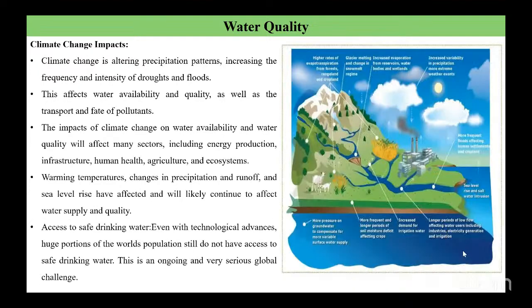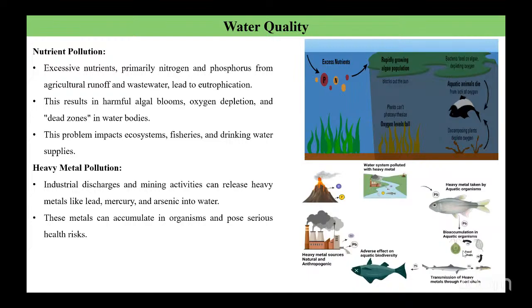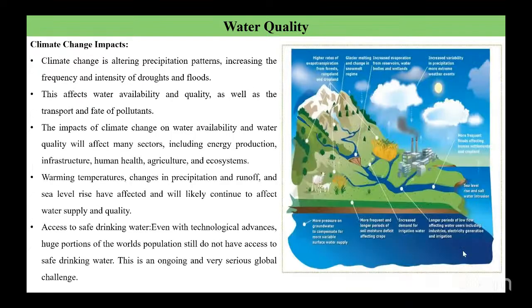So climate change. The water quality is also getting deteriorated due to climate change impacts. This picture clearly tells us how the water quality is getting deteriorated because of climate change impacts. If you look at climate change, it is altering the precipitation patterns.